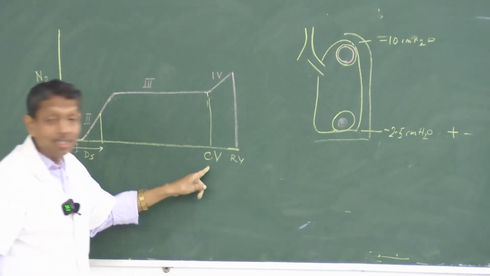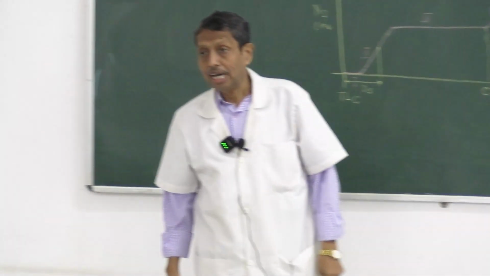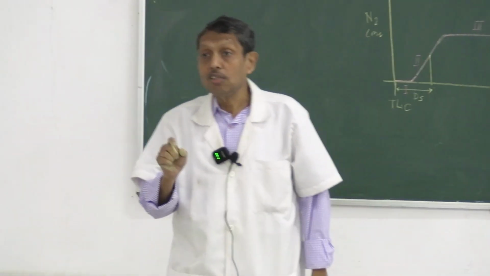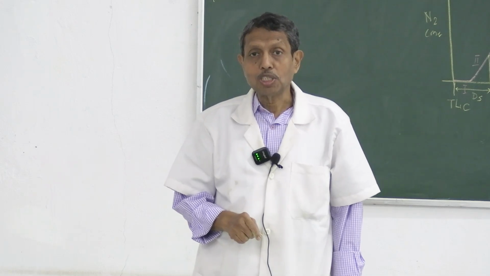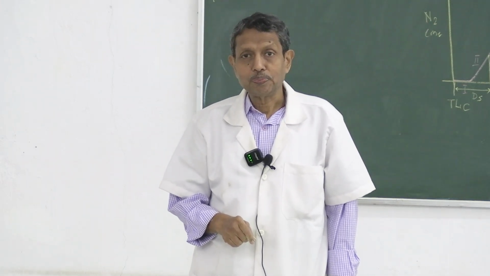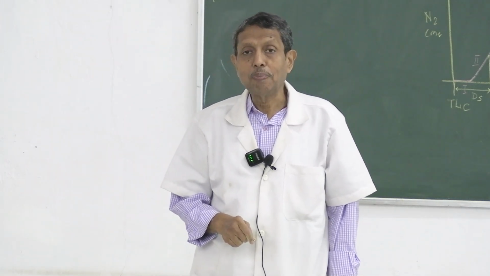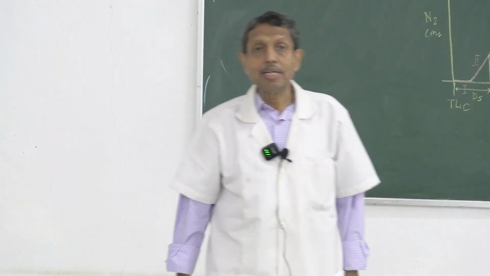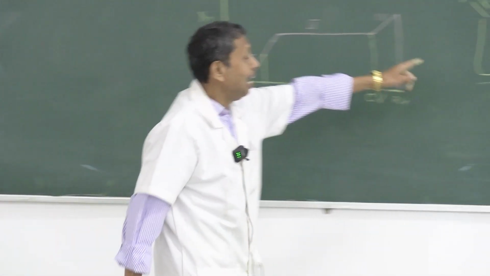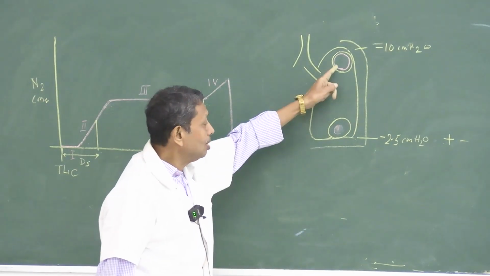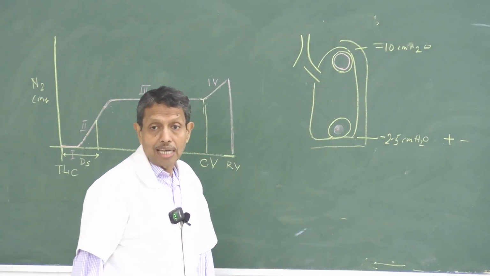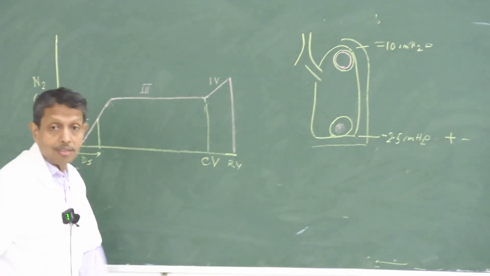So closing volume means the airways in the dependent part begin to close due to positive interpleural pressure, and air comes preferably from the non-dependent, apical part, which has taken up less oxygen, so their nitrogen is less diluted and the concentration will increase.